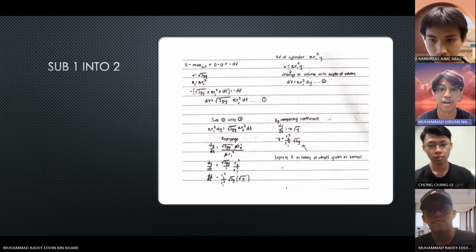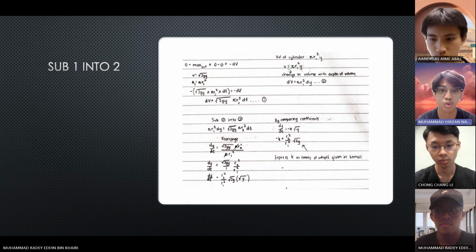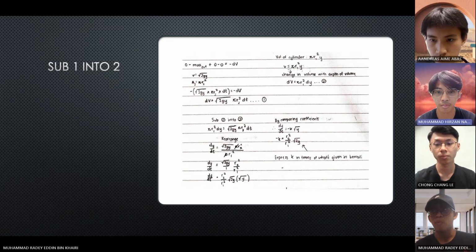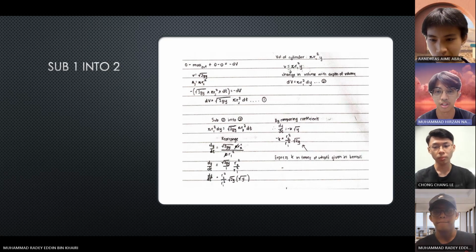And we also know that mass out is velocity times area times dt, which is square root 2gy times pi r2 square times dt equals minus dV. We simplify it to have dV equals square root 2gy times pi r2 square times dt, which would then be our equation 1.